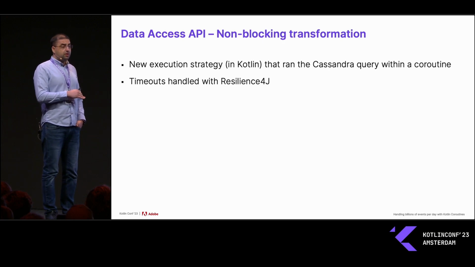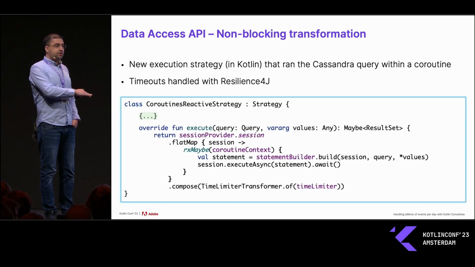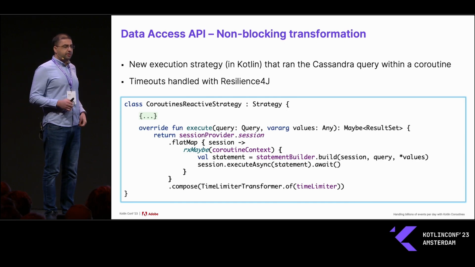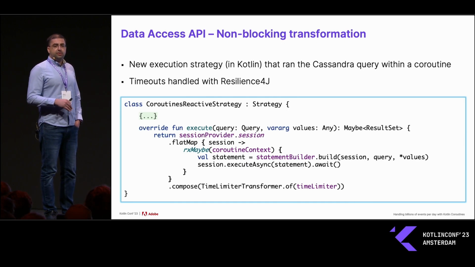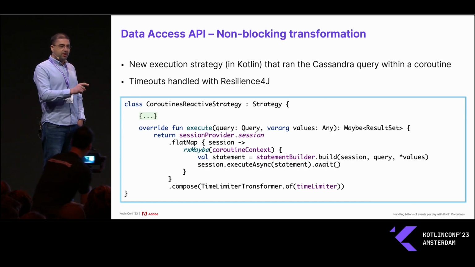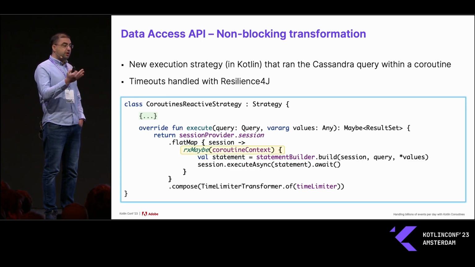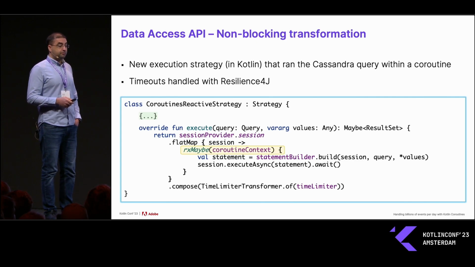Making this non-blocking with Kotlin couldn't have been easier. All we had to do was to write a new execution strategy in our extensible library there that will run the query within a coroutine. But this coroutine is not created with an Rx construct directly, but is rather created with the coroutines reactive integration bridge. And that's how we hook it up in the Rx data flow.